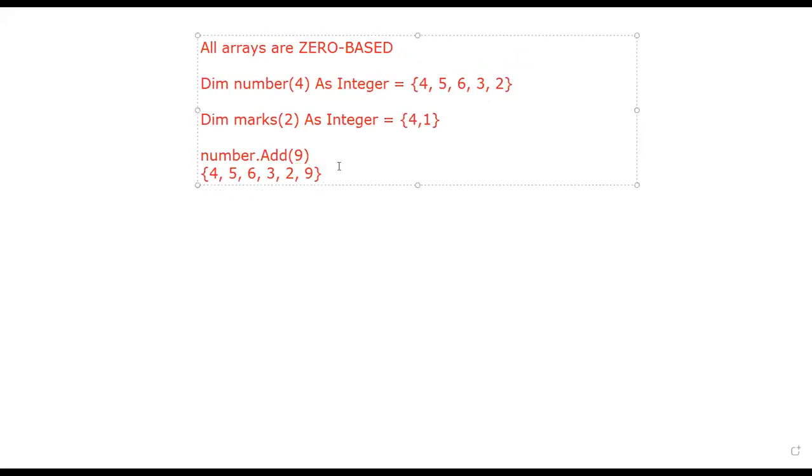Now, when we come to the add range, so if we have, let's say, number dot add range, the add range doesn't add one element, but it adds more than one element. So something like this, we can add the array max, because max is made up of 2 elements.